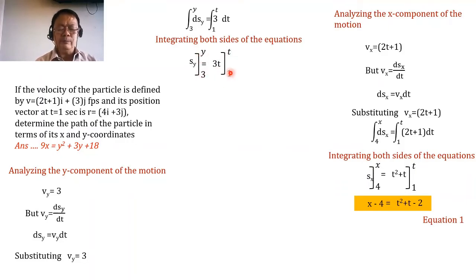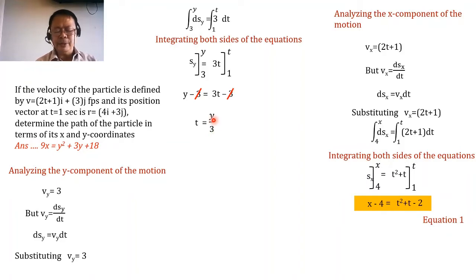And if the limits of integration are substituted, our equation becomes y minus 3 equal to 3t minus 3, and because 3 can cancel, this can be simplified to y equal to 3t, which when simplified, we can solve for the value of t equal to y over 3.